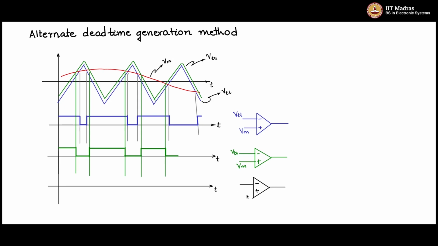So to the minus, I give Vm, and to the plus, I give V triangle lower. So basically this is the inversion of the blue waveform. So whatever this blue PWM is, this is the inverted of that one. So let me draw this inverted waveform like this.